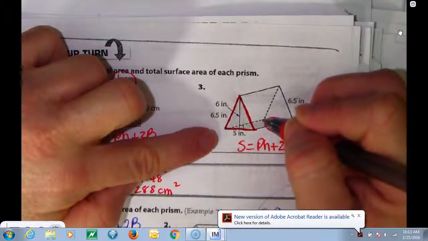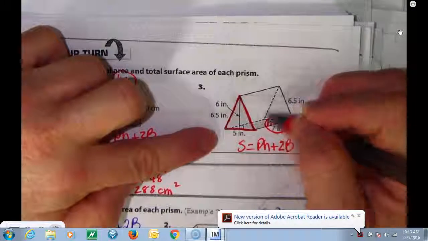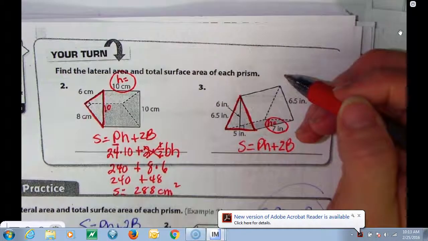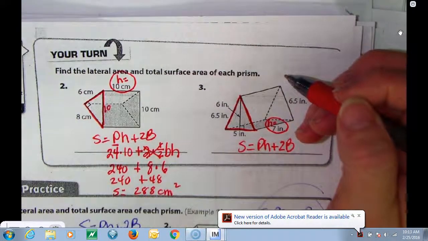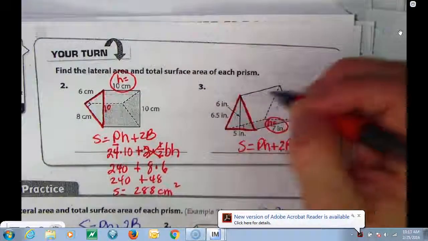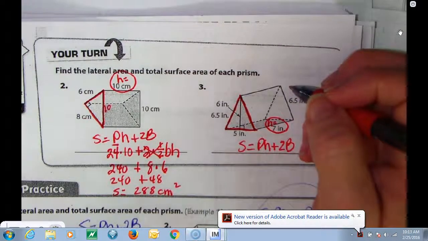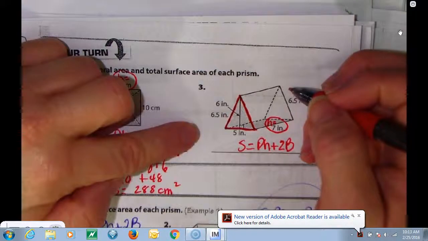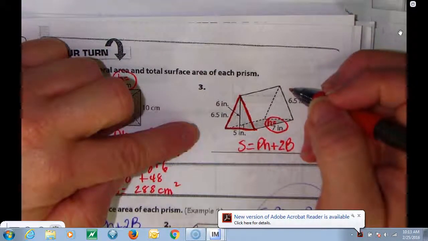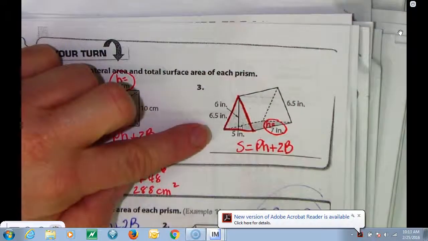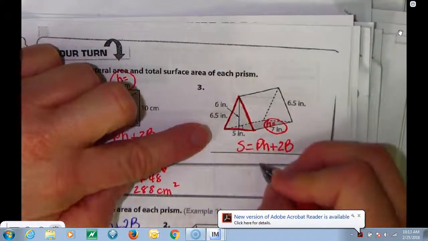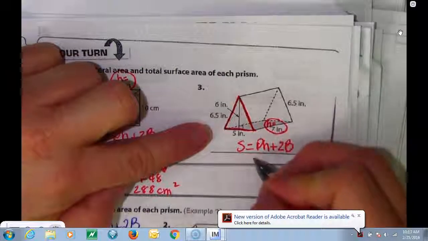Go get the perimeter of the triangle. Some people ain't even started adding. David got 18. Is he correct? Yes.